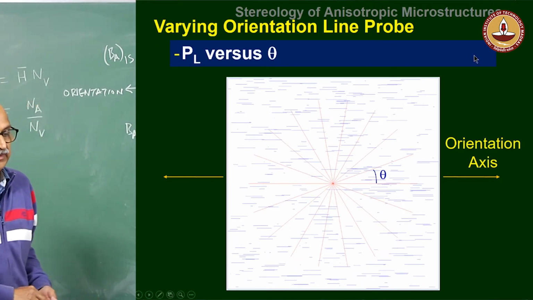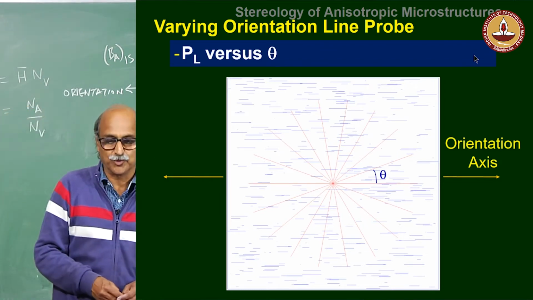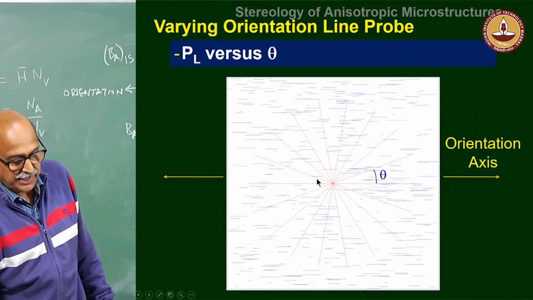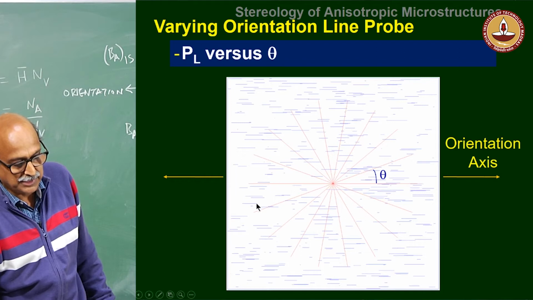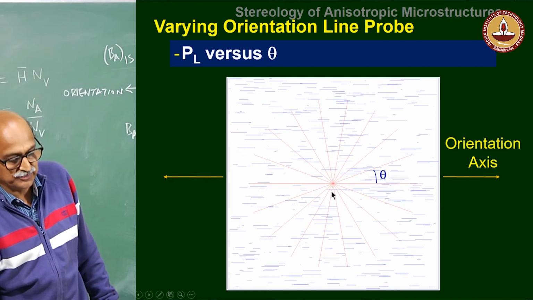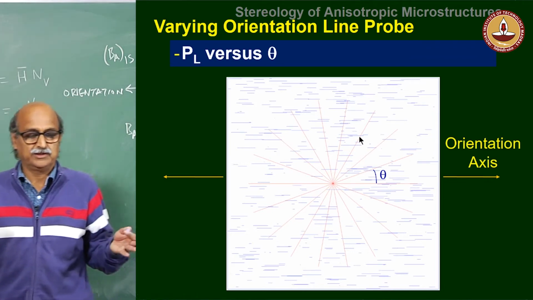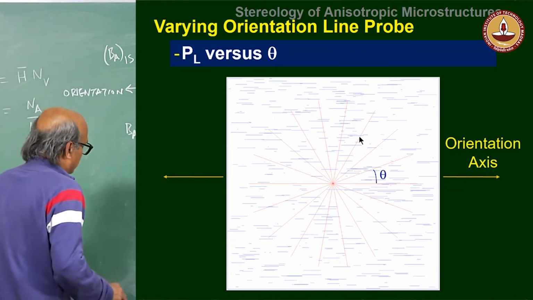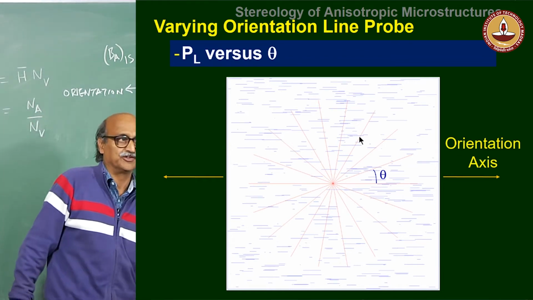We introduced this varying orientation line probe PL and then measured the number of intersections per unit length individually along each of these lines to get a variation of the number of intersections per unit length as a function of theta.